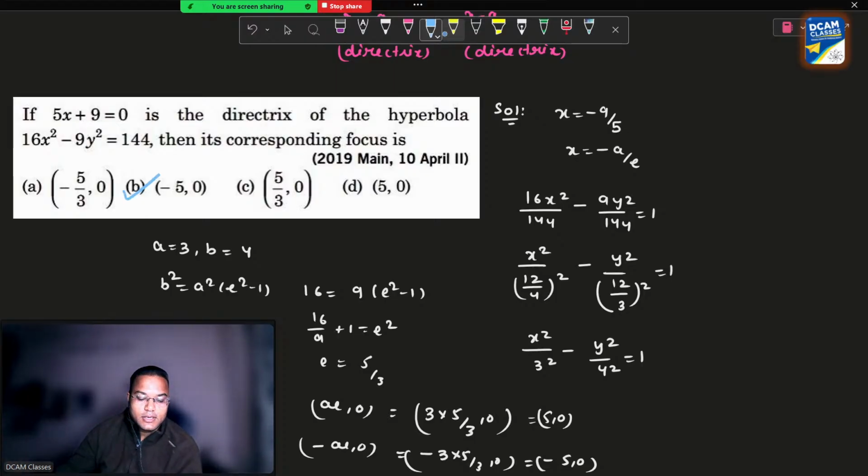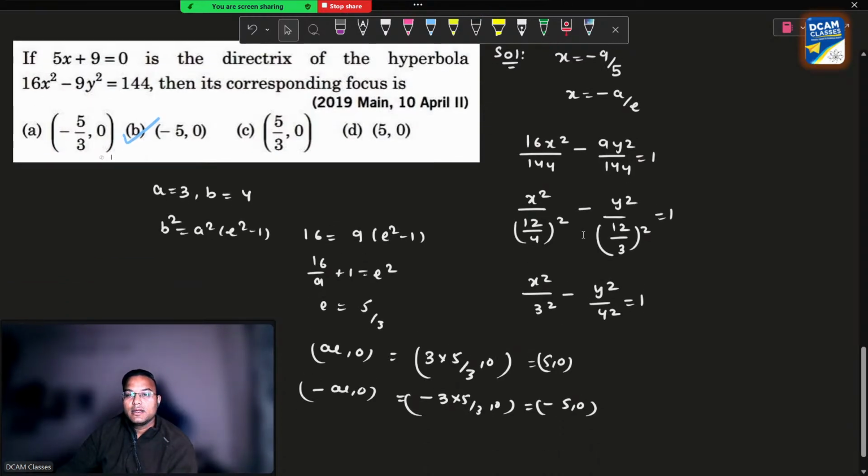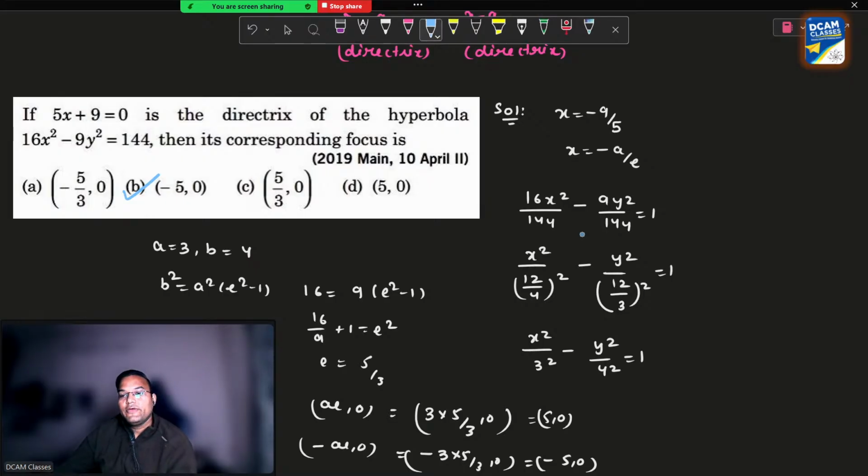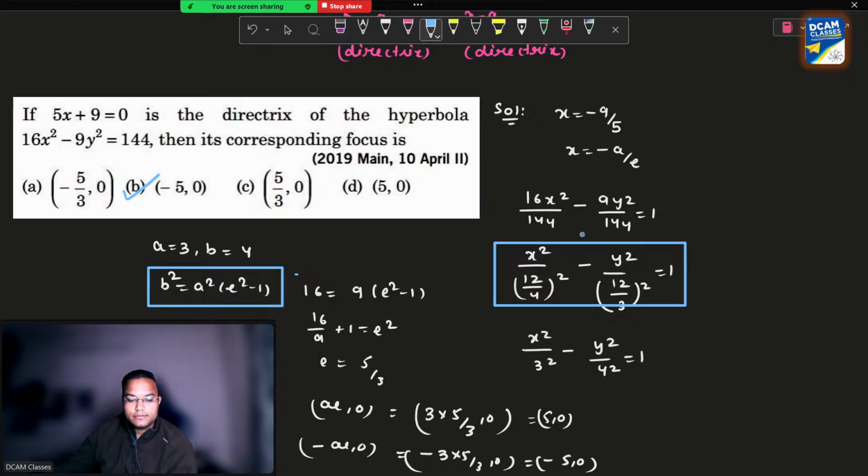See? Okay. Kanishka, what about you? Understood? Yes, sir. Simple way. We have just tried to find out the equation, made it simpler, and then again we have applied b square is equal to a square into e square minus 1. Simple. Then let me select one more question for you.